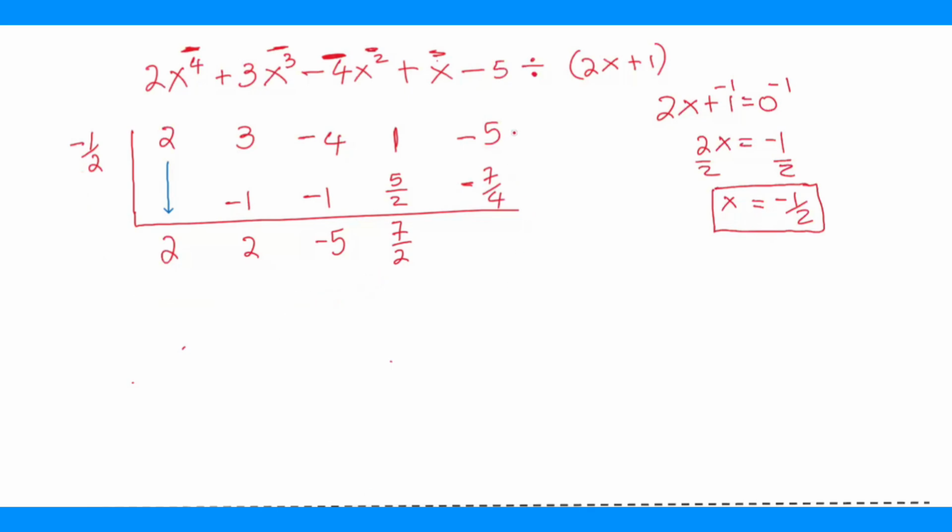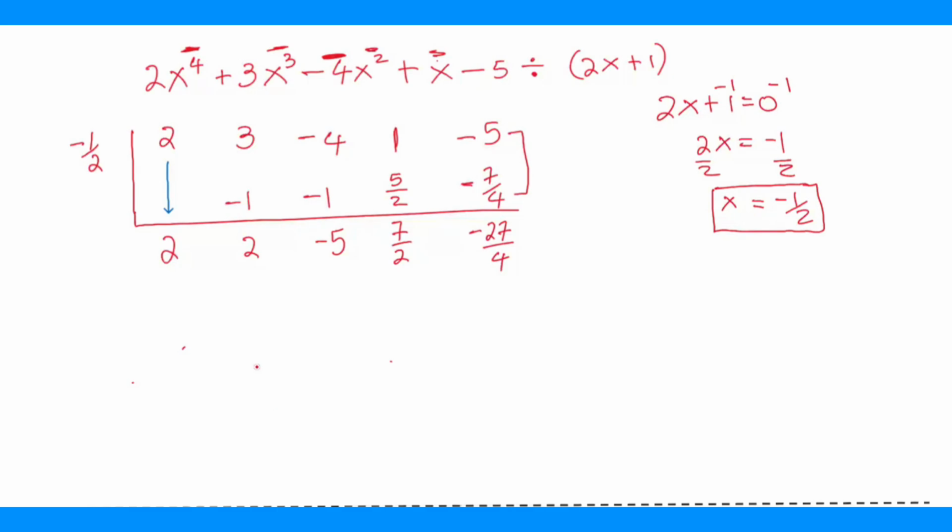Then we add this: when you add -5 plus -7/4, you get -27/4. So we are almost at the end, where now we just put together what we have.